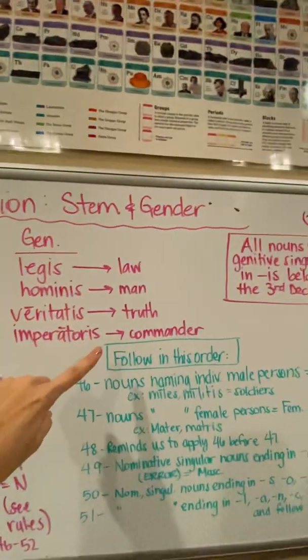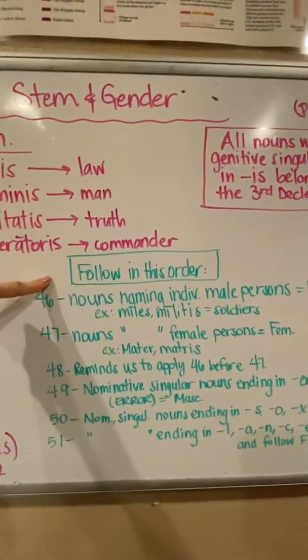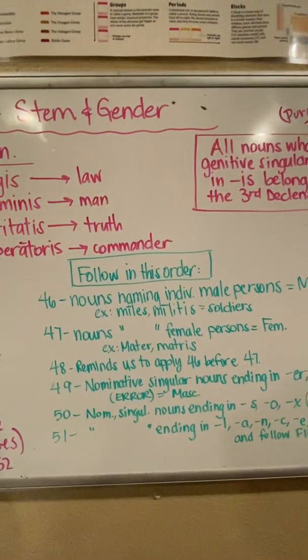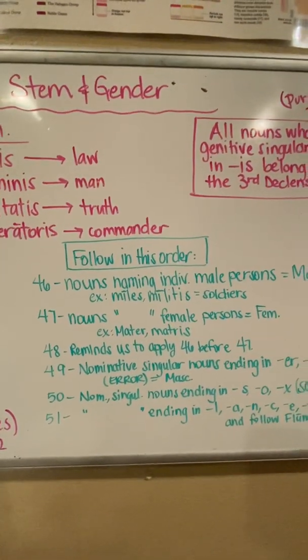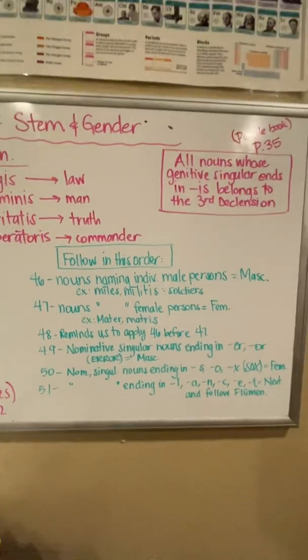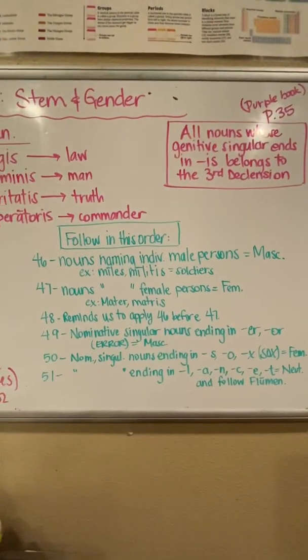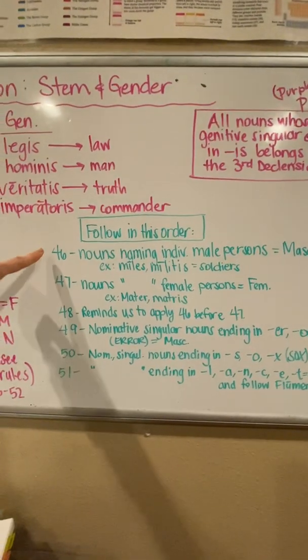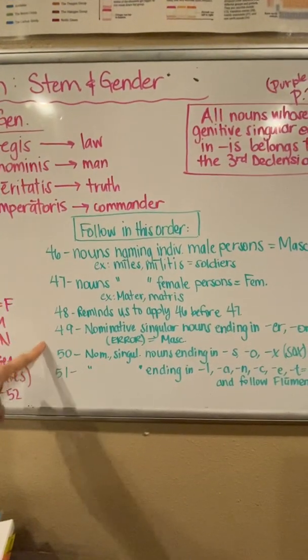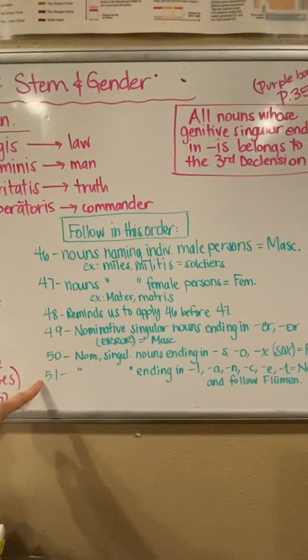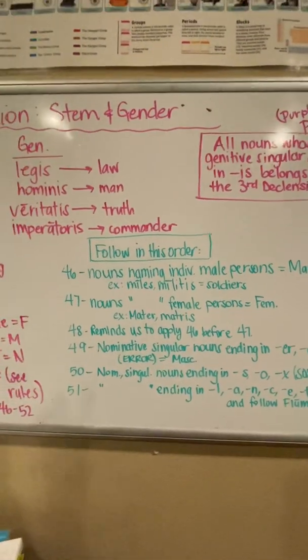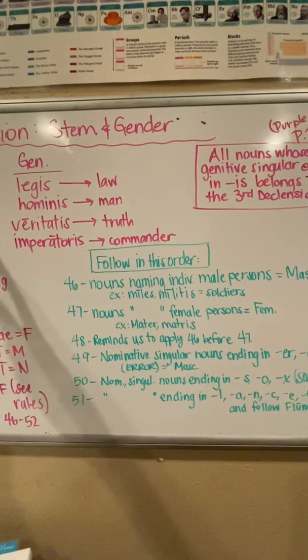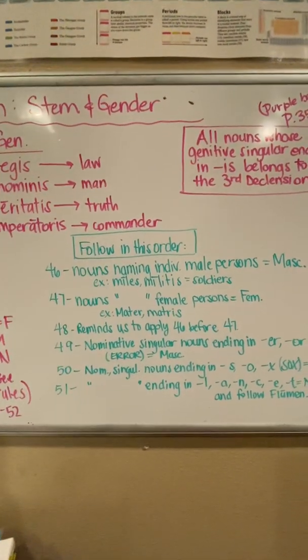There's a set of rules that you must follow, and these are given in the blue grammar book. The rules are numbers 46 through 51, and they will help us determine how we label these in terms of gender.